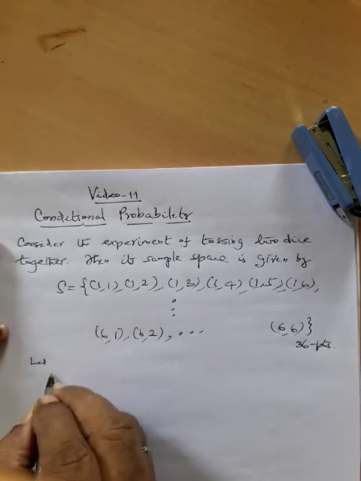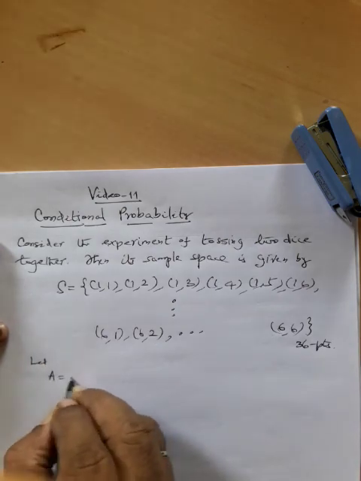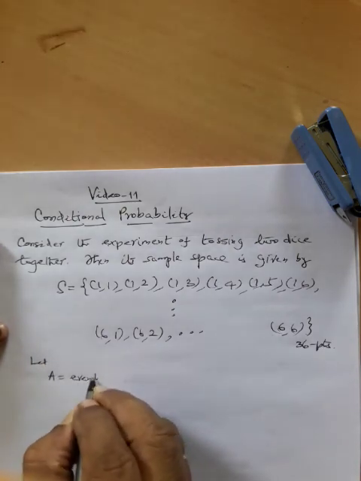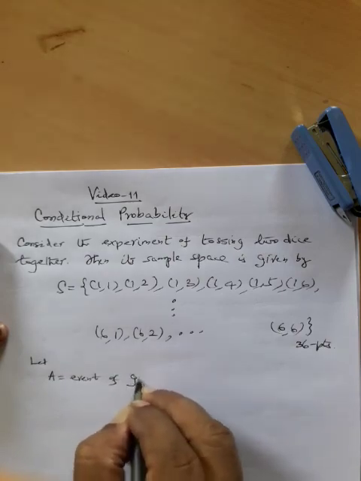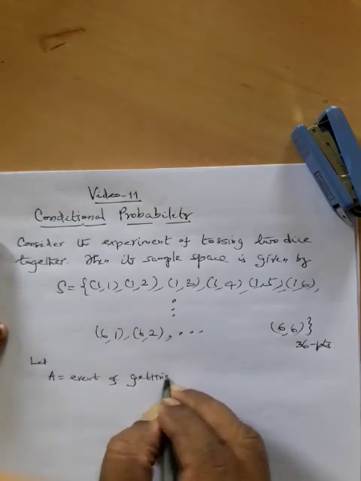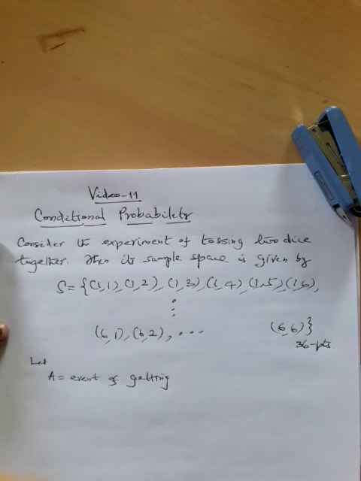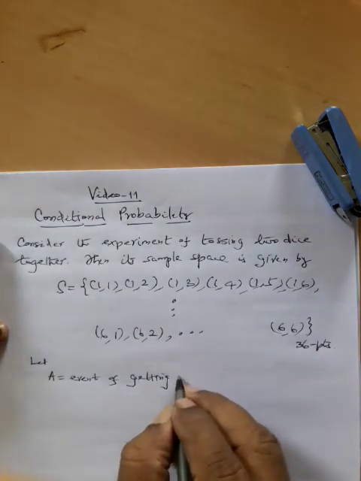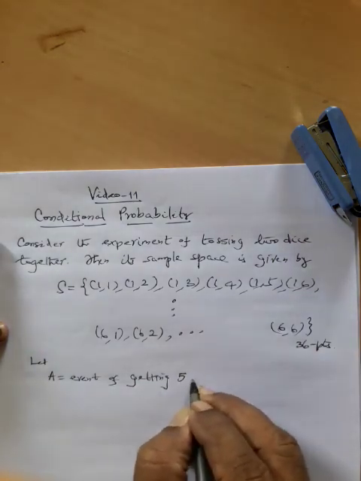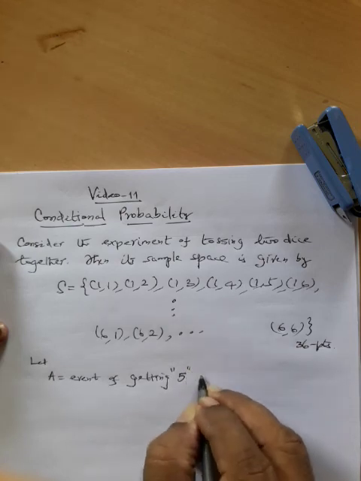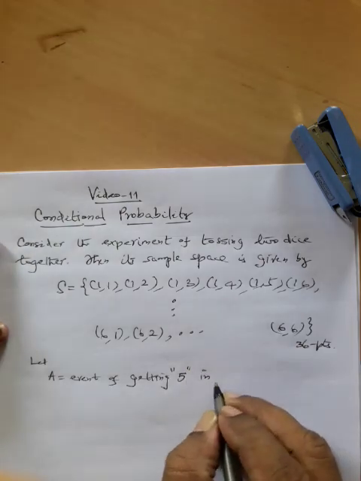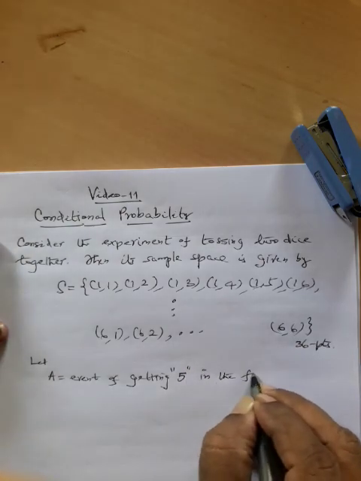Let A be the event of getting 5 in the first die.